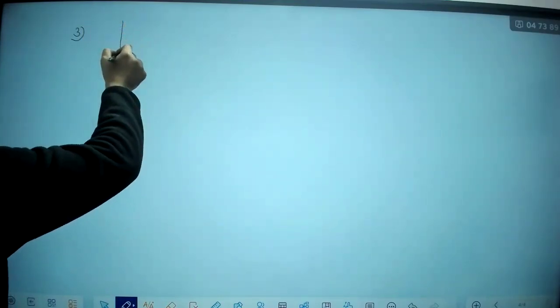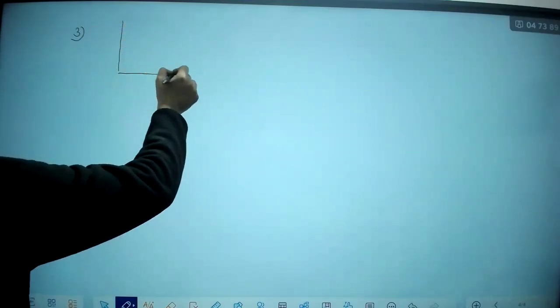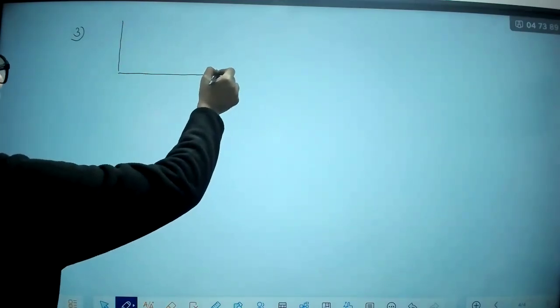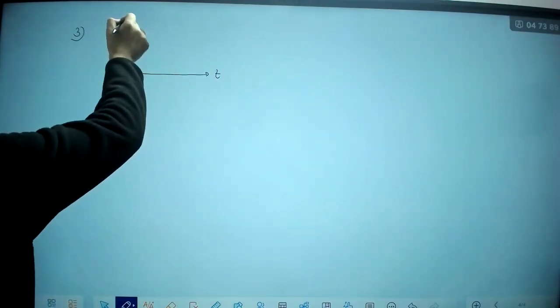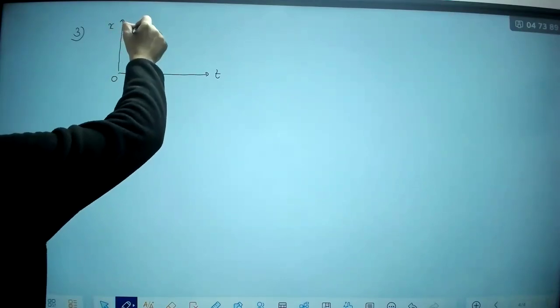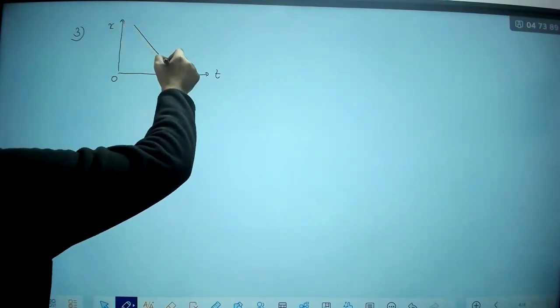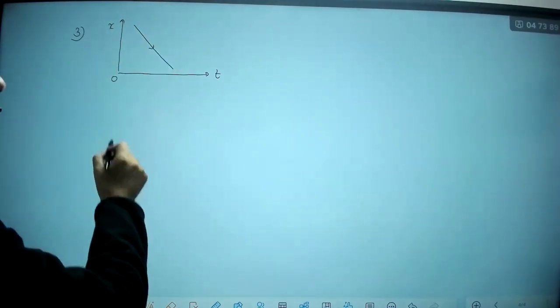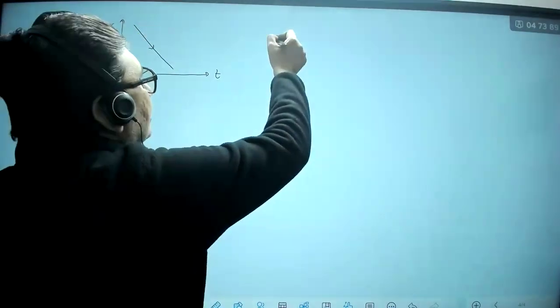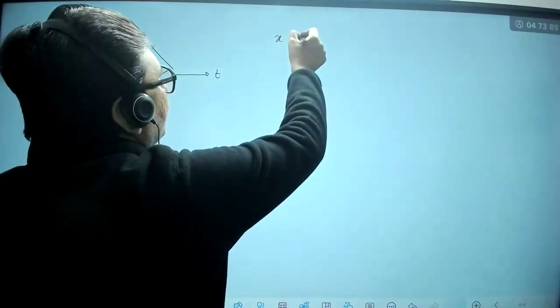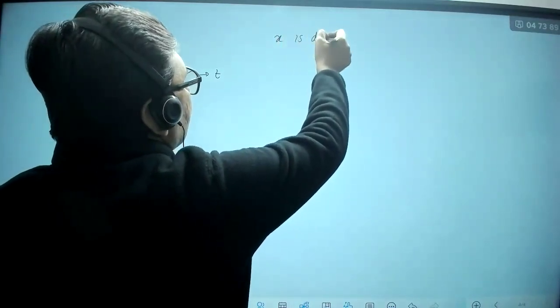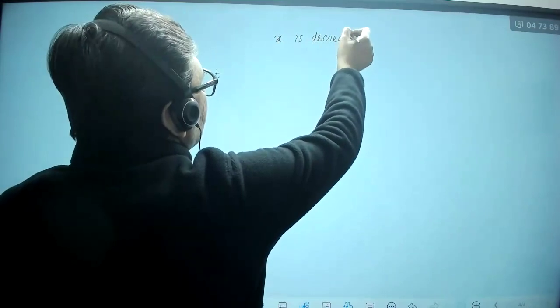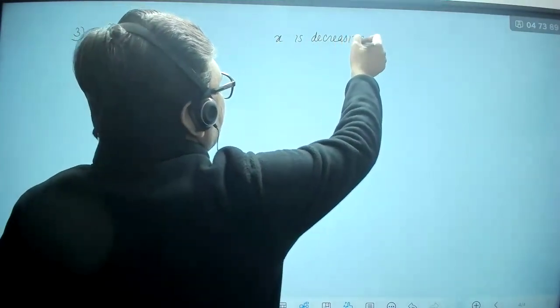Now, third, you can have this type of graph. Here you are having time 0, and here you are having x, and this type of plot is there. So what is happening here? X is decreasing with time.